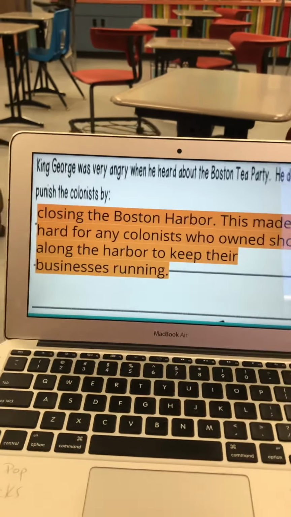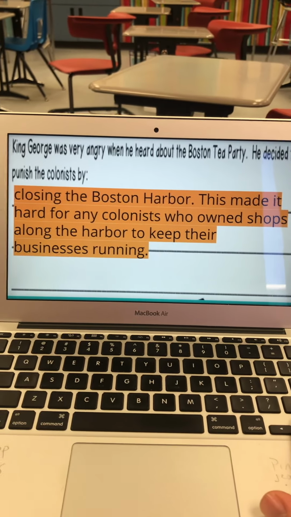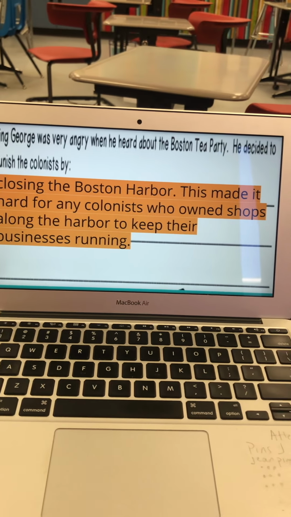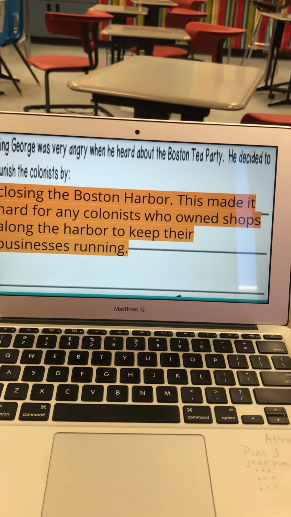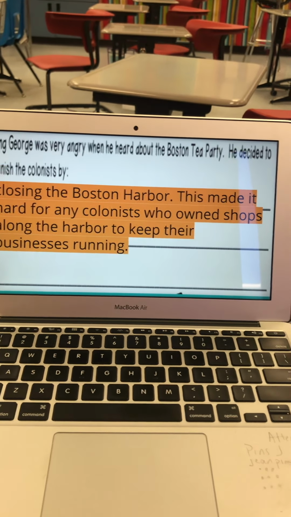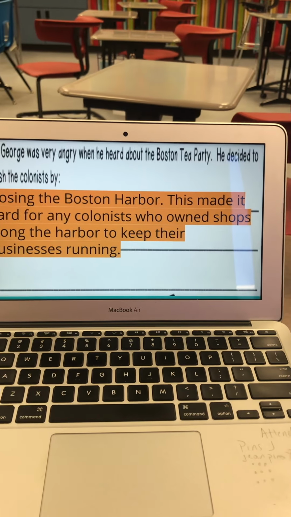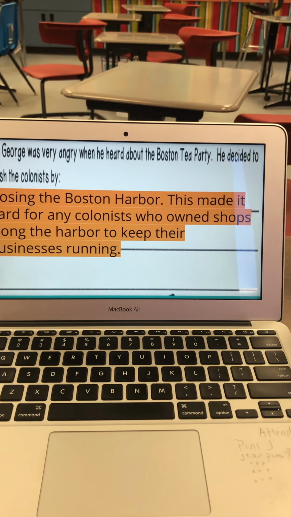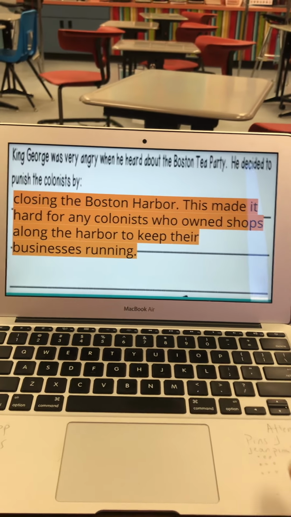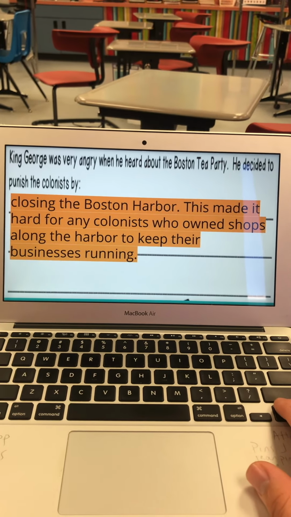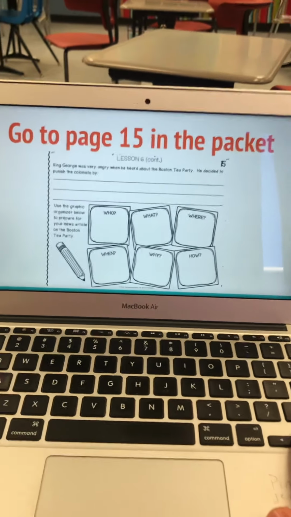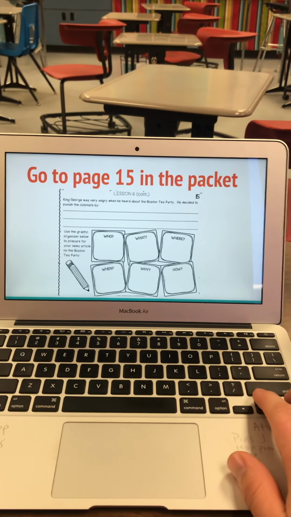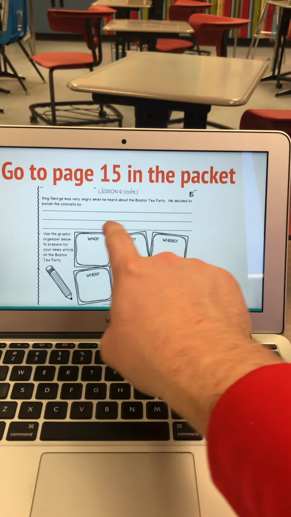This is very important because the king responded to the Boston Tea Party by closing the Boston harbor, which hurt the colonists who owned shops along the harbor. You have to write this down on page 15. Yours will look like this, and I just zoomed in on it. This is what you would write down right here, on these lines.